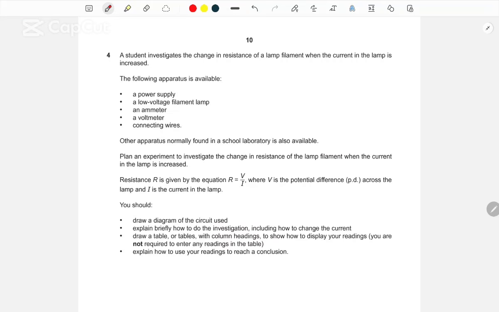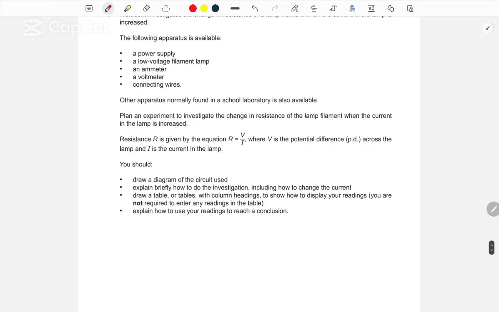And other apparatus normally found in a school laboratory is also available. So plan an experiment to investigate the change in resistance of the lamp filament when the current in the lamp is increased. So now we have to find out how the resistance in the lamp changes when the current in the lamp is increased. So we have to find a way of changing the current.